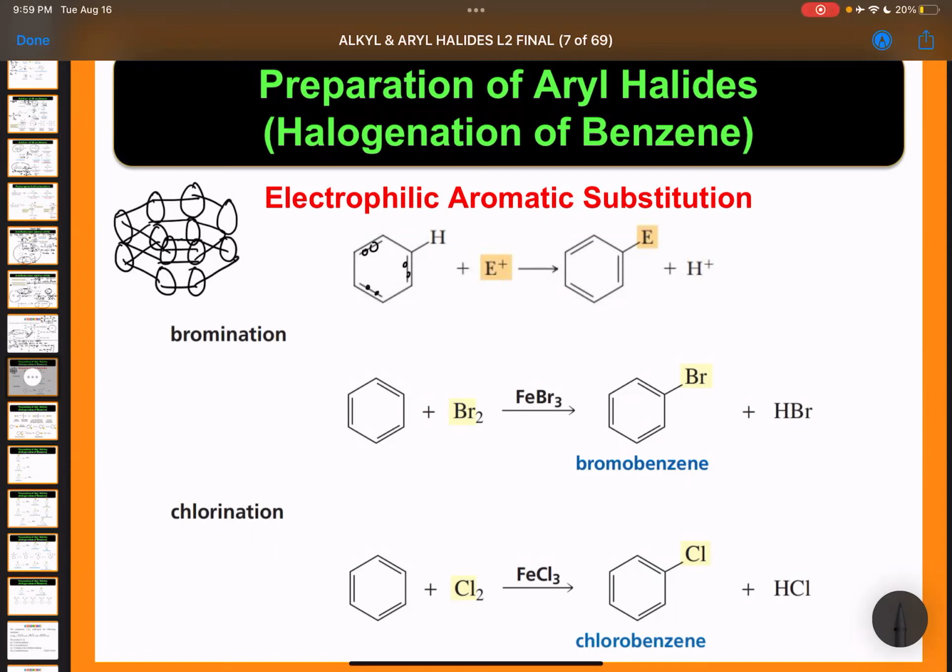And this phenomenon is known as what? Tell me. Yeah, Nabil. This phenomenon is known as resonance. So aromatic compounds have aroma.